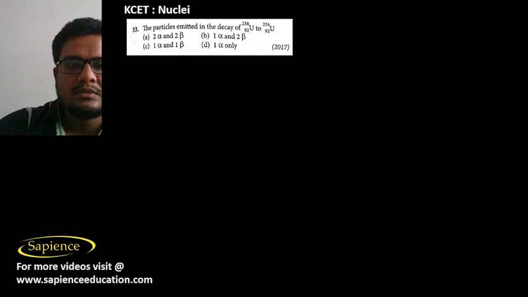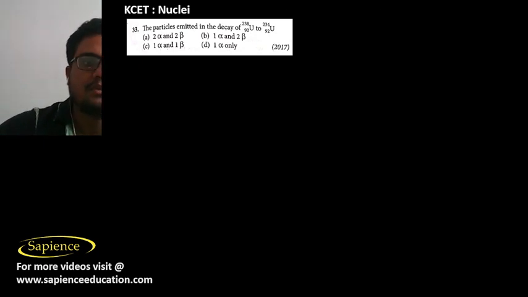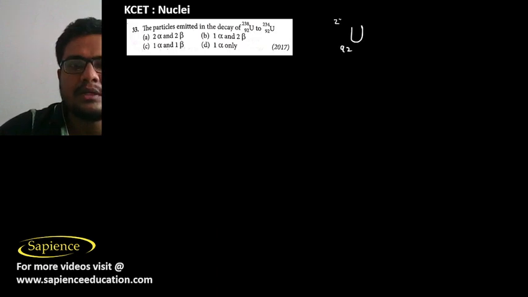And question number 33 is about the particles emitted in the decay of uranium 238 to uranium 234.